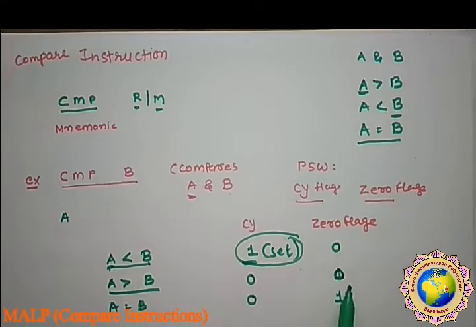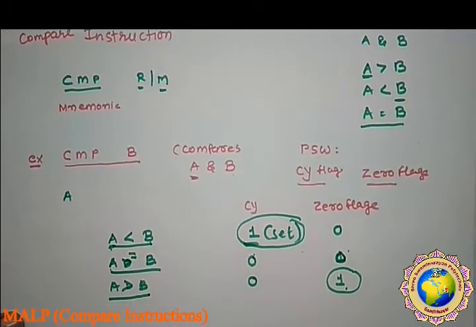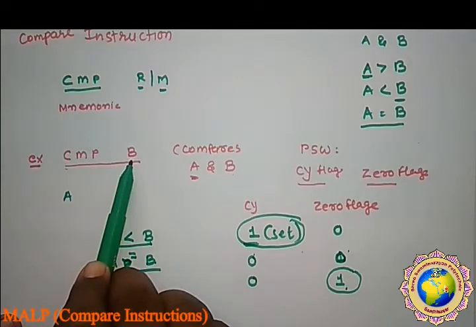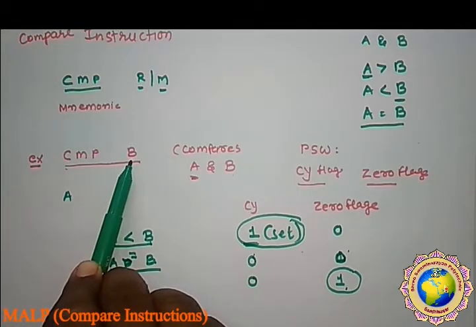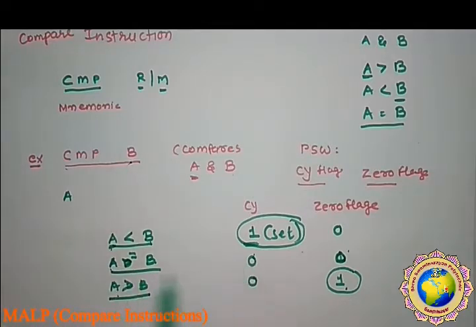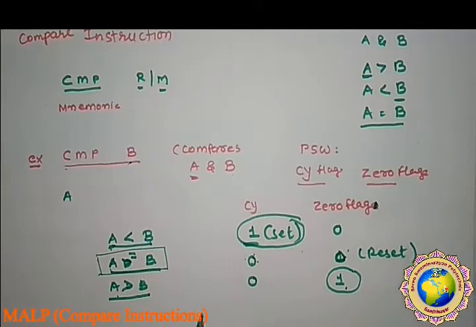When both the carry and zero flags are 0, A is greater than B. This is the comparison of A and B. When carry flag is set, it is 1, A is less than B.